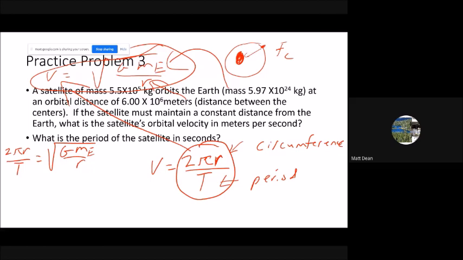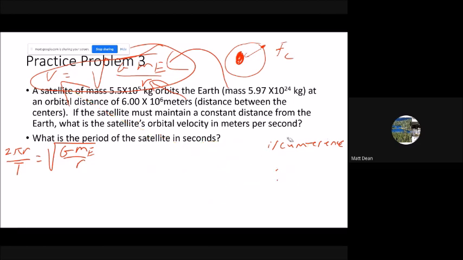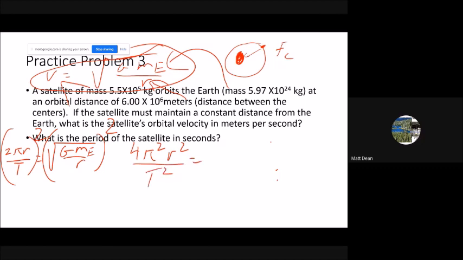Now we're trying to solve this for T. So the first thing that I would do is get rid of that radical to make it easier, so I'm going to square both sides. When I square the left, I end up with 4 pi squared r squared over T squared. And when I square the right side, I just end up with G m_e over r.